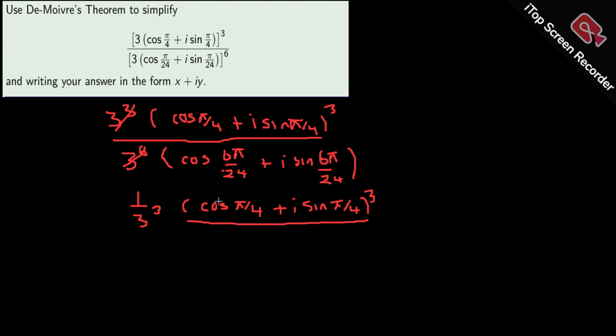Okay, so when I start now simplifying, I'll end up with cos pi over 4 plus i sine pi over 4. Now, this is just the same as what we have here. So we can do that thing they do. We maintain the base, then we subtract the powers that we have. So let's do that.